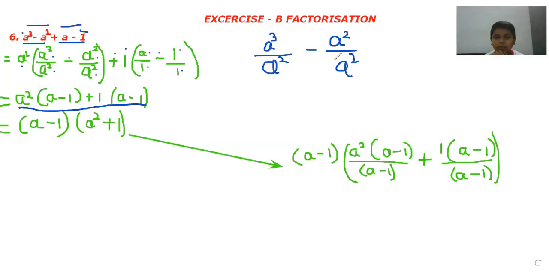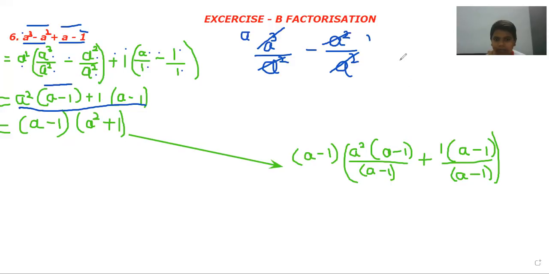So here a square and a cube cancel. What is left? Only a is left. Here a square cancels, a square cancels. What is left? 1 is left, because a square over a square is 1. So we finish this.